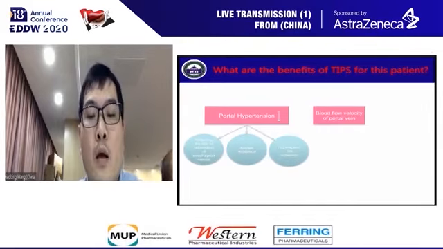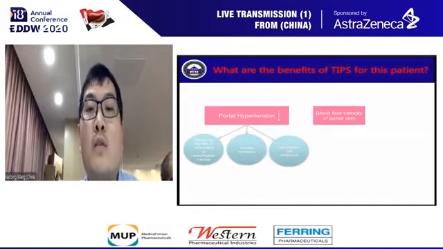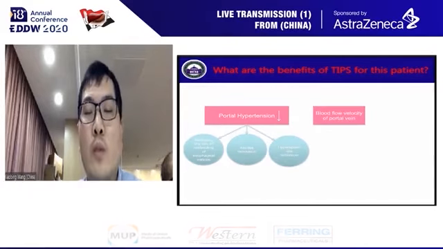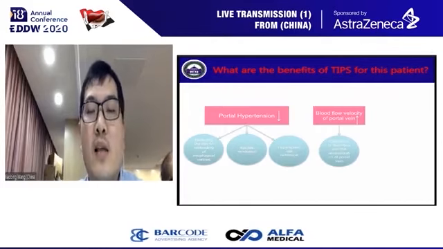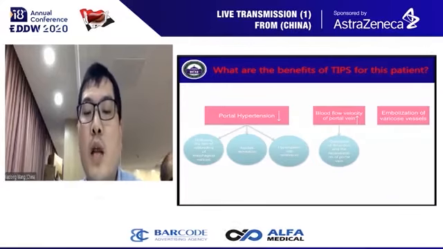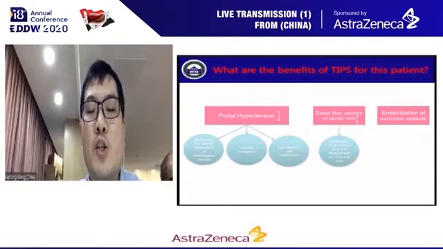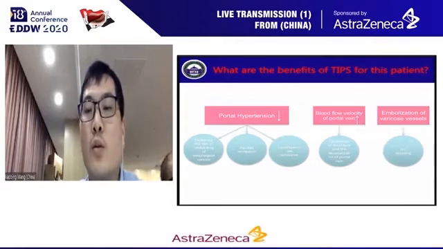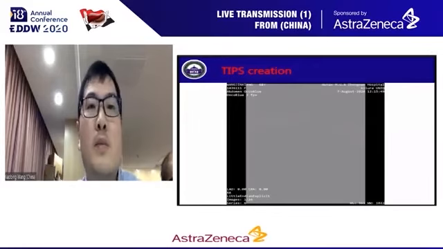Second, TIPS placement can increase the blood flow velocity of the portal vein, which would be helpful for the clearance of thrombus and the recanalization of the portal vein. Third, during TIPS, we can perform direct embolization of the varicose vein to treat bleeding. Now, let's go into the TIPS creation.